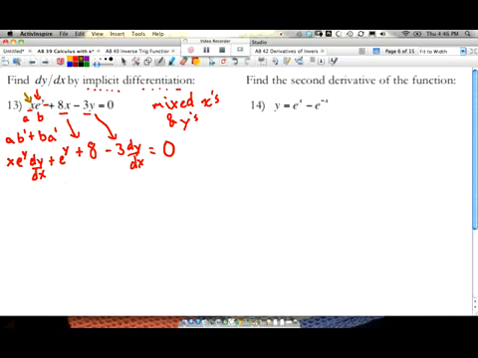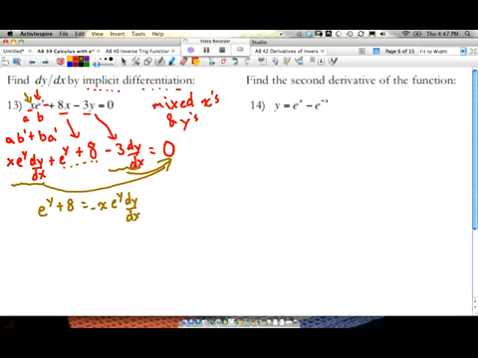Alright, now that we're here, I've got to move stuff. So I'm going to take this one and this one and move them over. A little bit of algebra going on. So that means e to the y plus 8, these dotted lines here, those stay. So we've got e to the y plus 8 equals, and then on the other side I have x e to the y dy/dx.